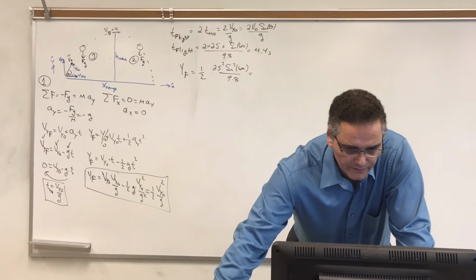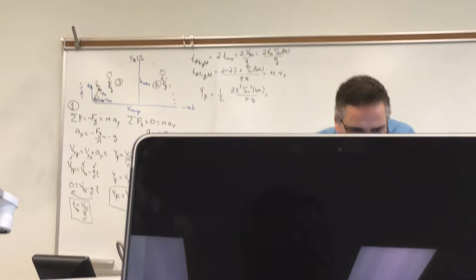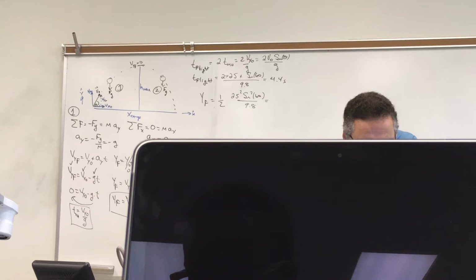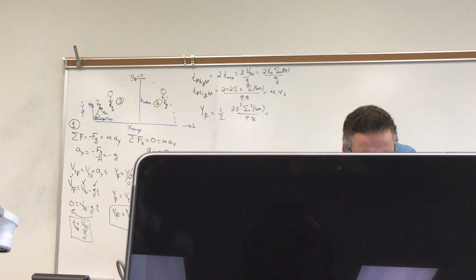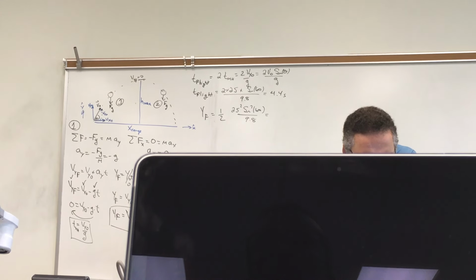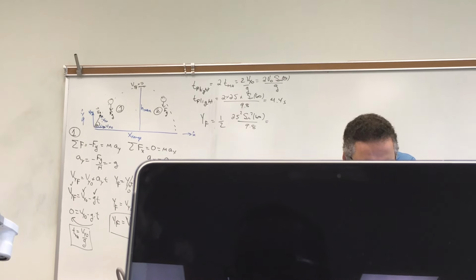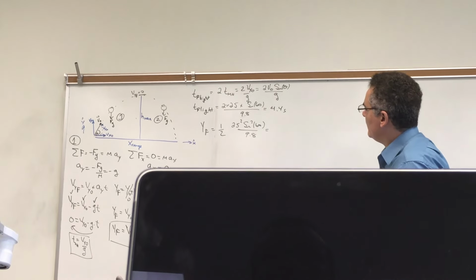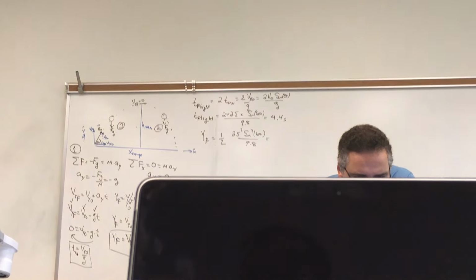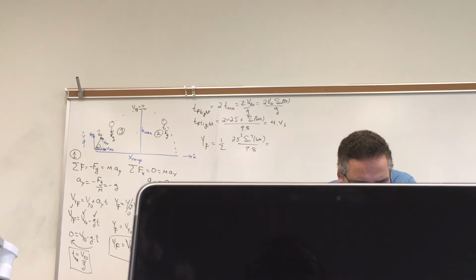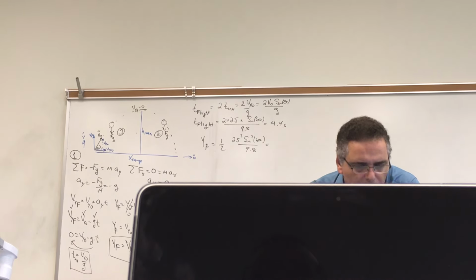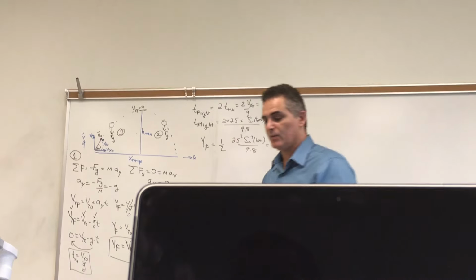Okay, so this is 625 times 60 sine, square it, right? And then divide by 19.6. 23.9, well, I said 24 originally, right?